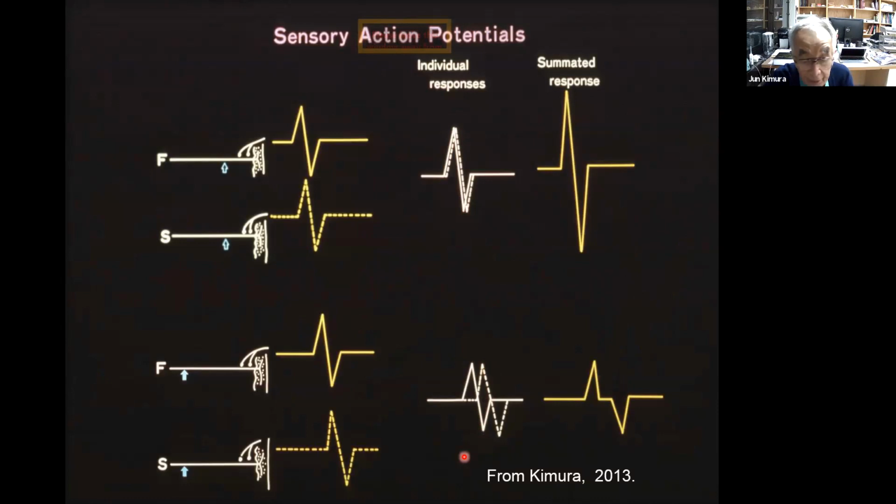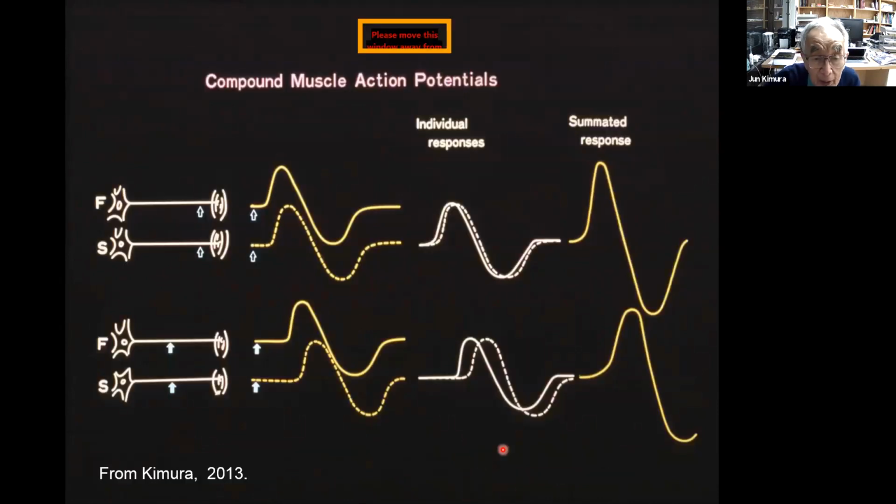But for motor fibers, which are much longer, if you delay only 1 millisecond, fast conducting and slow conducting axons are still superimposed in phase, and therefore there's no phase cancellation.